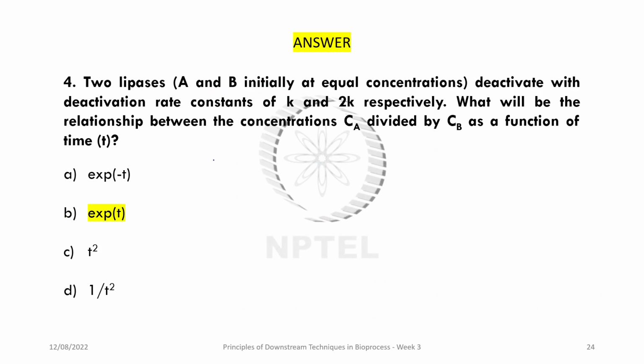So last time the mistake that I made was I used this particular relation, C is equal to C naught into 1 minus e power minus kdt. Correct? This might be used when we are talking about a cell getting killed and releasing the contents, and we are not going to use KD there, it will be KT. But since we are talking about enzyme deactivation, I shouldn't be using this.